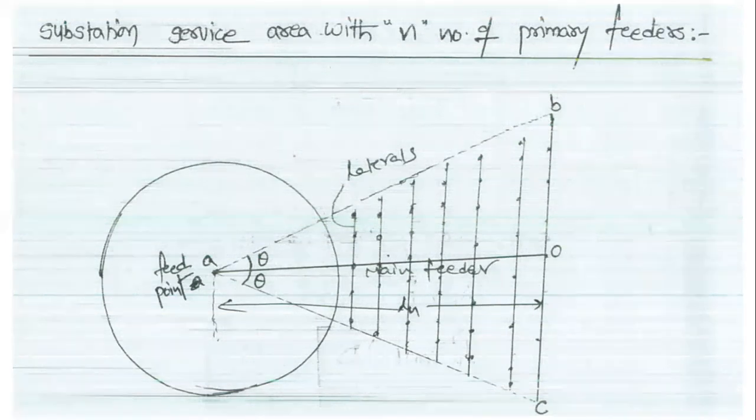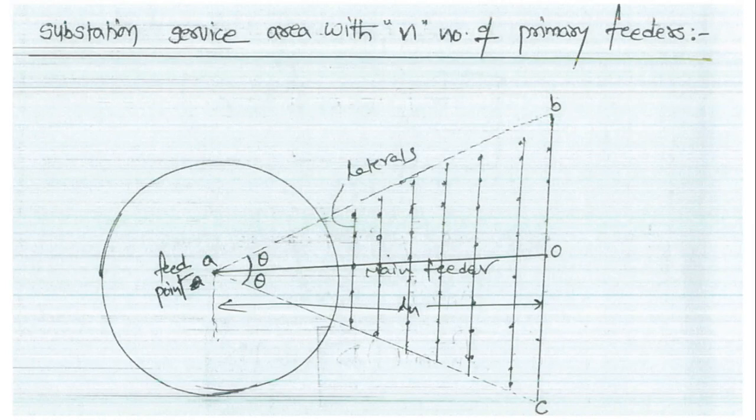First, we take one feeder occupying the square shape distribution feeders. Then we easily calculate the total area covered by the square shape distribution substations. In that same procedure we derive for n number of primary feeders.